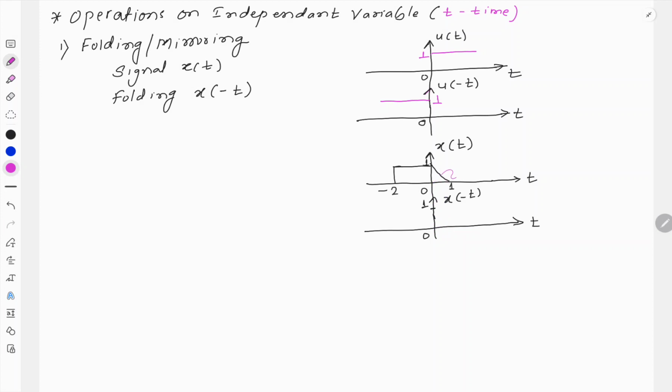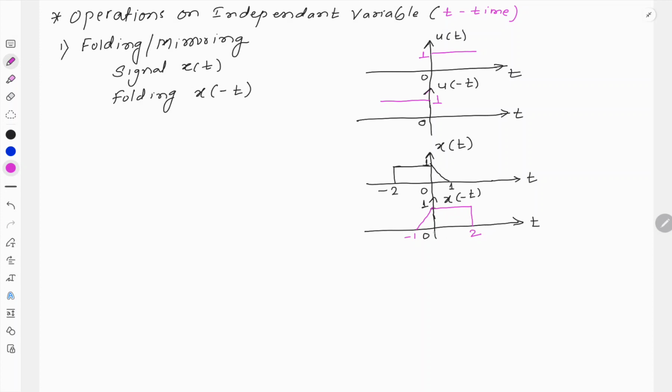So here we have a triangular signal in the first quadrant, and if I keep a mirror on the y-axis, this signal will be folded and I will get a triangular signal in this way, minus 1. So 1 changes to minus 1. Similarly, I have a signal in the second quadrant, again it will be folded, so it will be shifted to the first quadrant and I will get the signal as plus 2 with a rectangular signal.